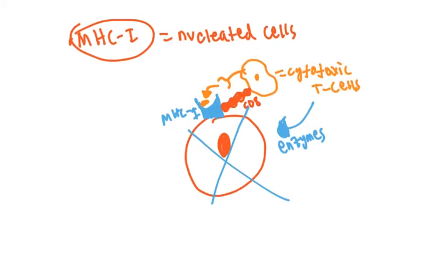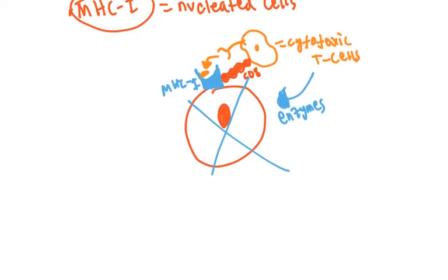Cells that are cancerous will have abnormal proteins presented on their MHC-1 complex. Cytotoxic T cells can do the same thing: bind to it with the CD8 and lyse it.